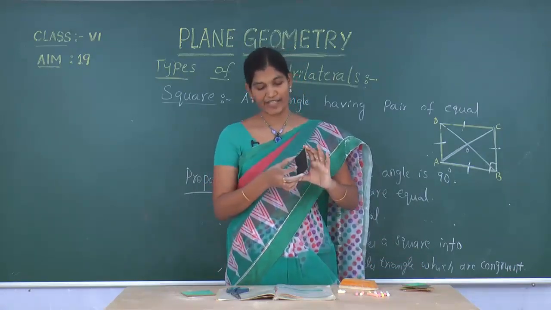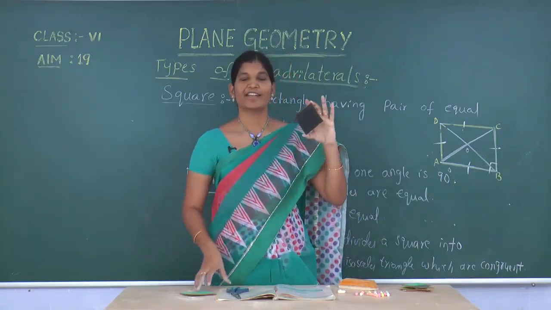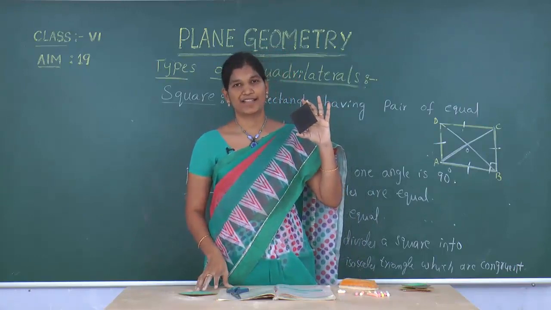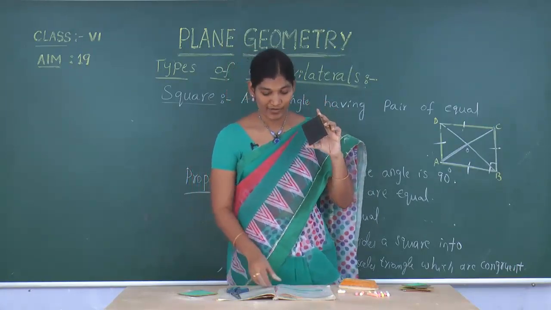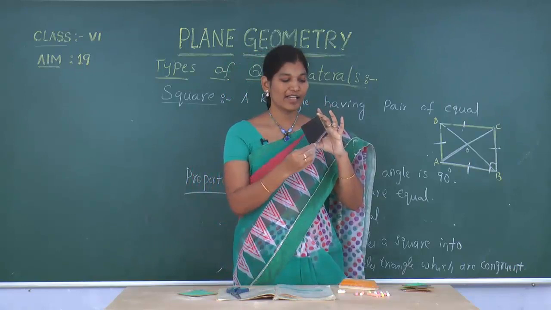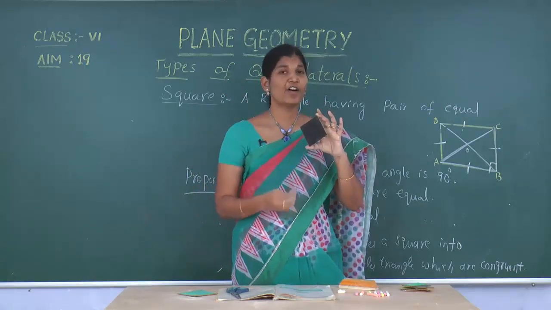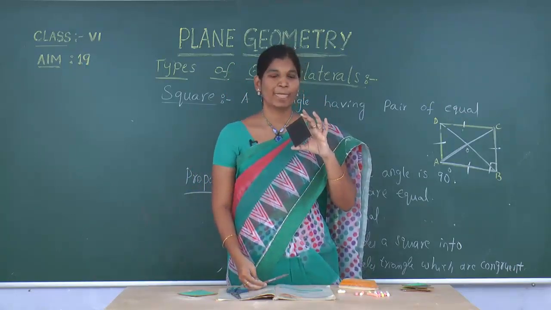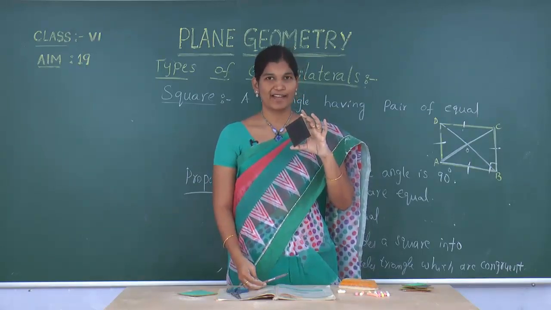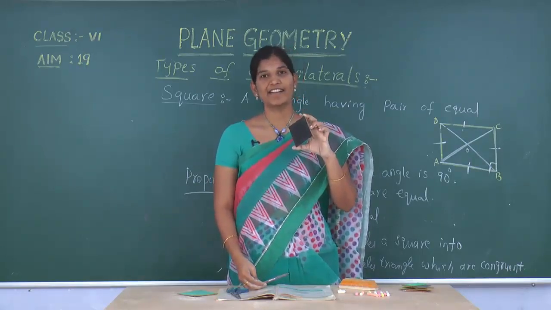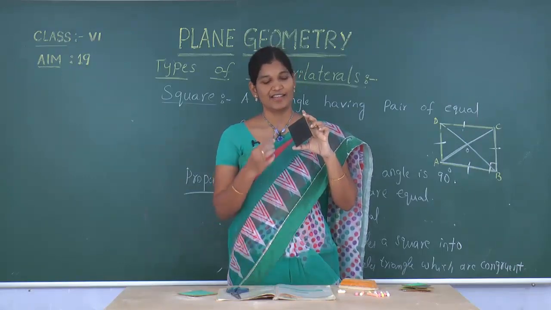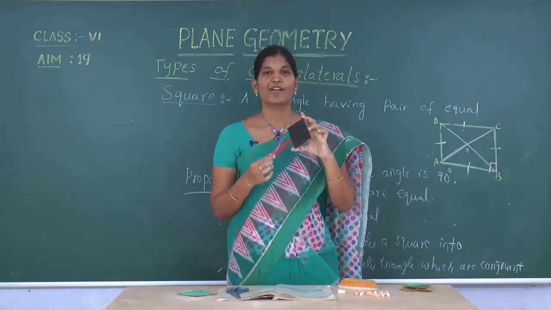And now I am taking one more figure. It is a rhombus. So we know in a rhombus all sides are equal. How does a rhombus form? In a parallelogram, if adjacent sides are equal, then it becomes a rhombus.